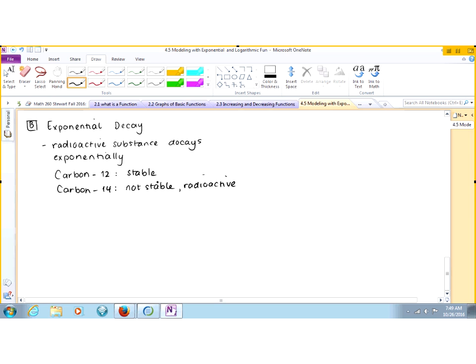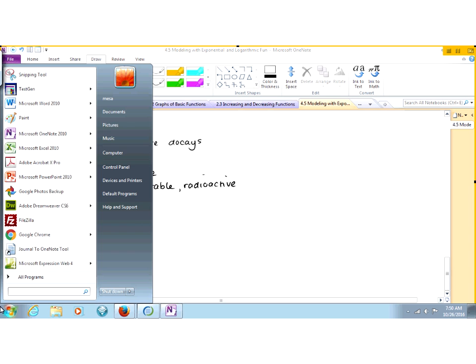Now, remember we had an earthquake in Japan recently? When was that? 3 or 4 years ago. And then there's a nuclear reactor that was affected by the earthquake. Of course, if you have a nuclear reactor, what's inside a nuclear reactor?